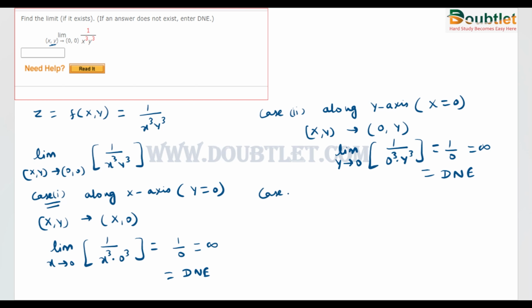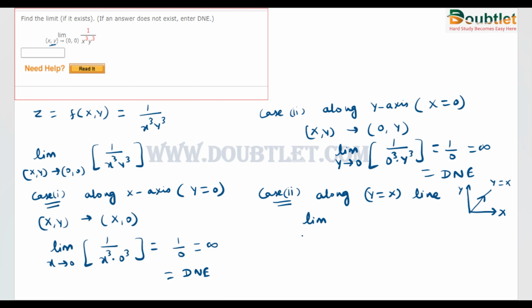Now in the third case, we will move along the line y is equal to x. Suppose this is the x axis and this is the y axis, so this line y is equal to x is at an angle of 45 degrees. If we move along this line, what will we get?